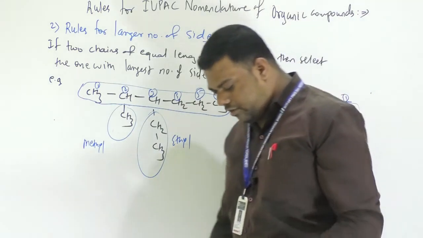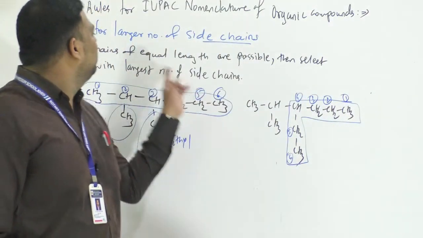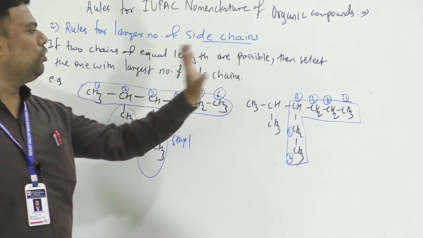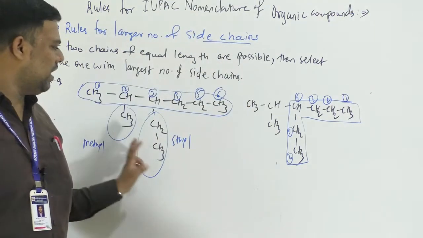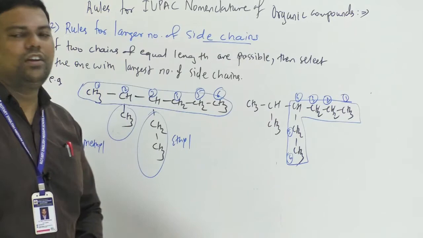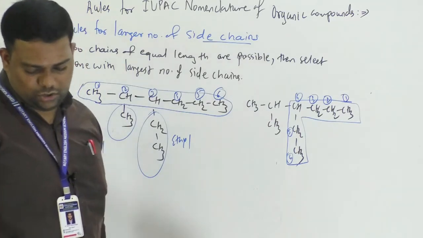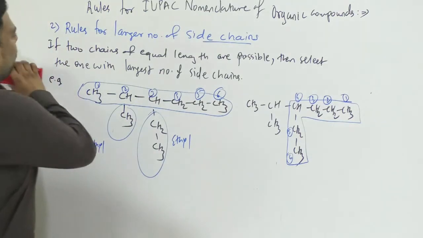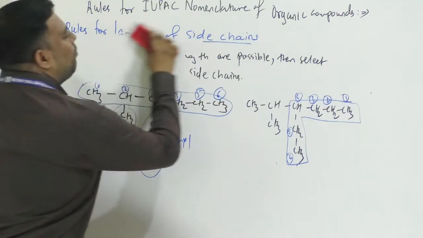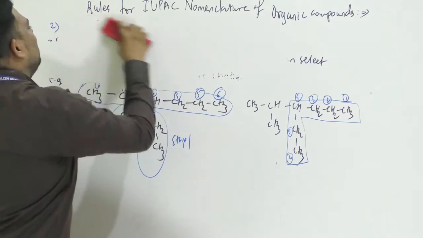So if two chains of equal lengths are possible, then select the one with the larger number of side chains, or you can say substituents. Yes, these are your second rule for larger number of side chains, or substituents.